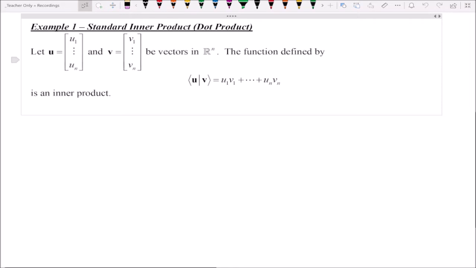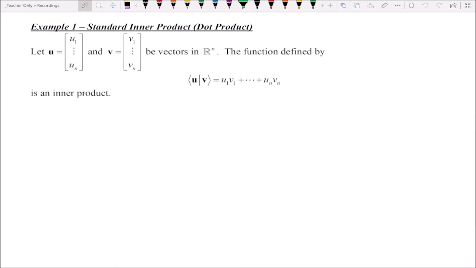In other words, take the products of corresponding components and then sum all those products up. It is left as an exercise to the viewer to verify that this satisfies the four axioms that were listed previously.